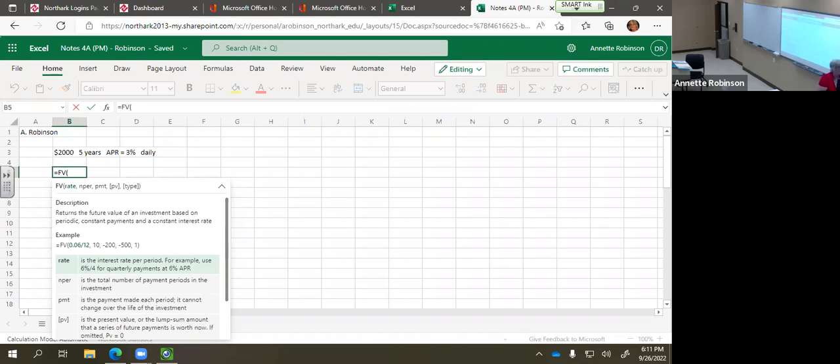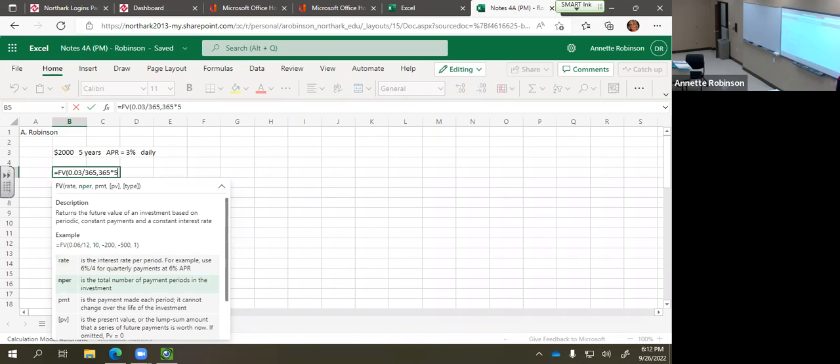So here is what we're going to type in based on our problem. The 0.03 is going to be divided by 365. When you put in the rate, you've got to divide it by the number of periods in 1 year. Since it was daily, that's why I've got the 365. All right, I'm going to put a comma. Here I'm going to put 365 times 5 years, or you could type in the 1825 that we put on the calculator.